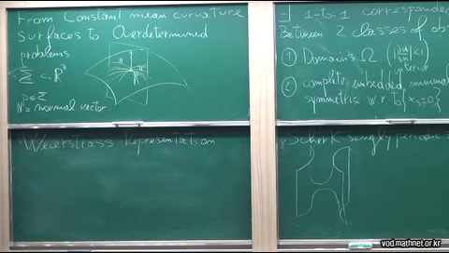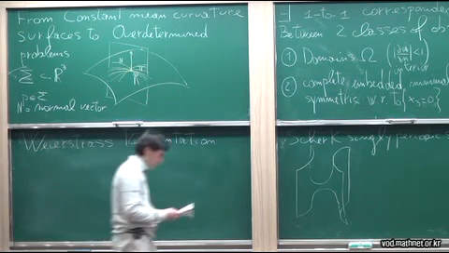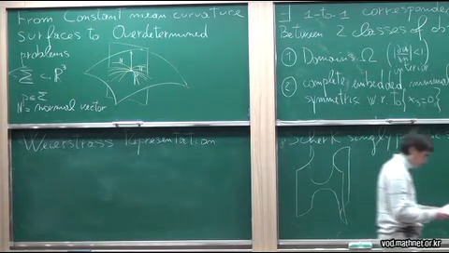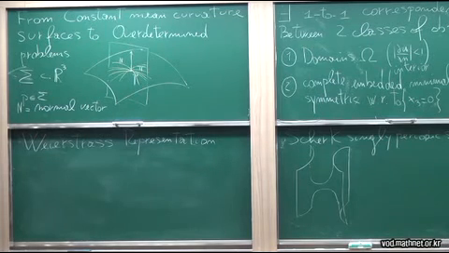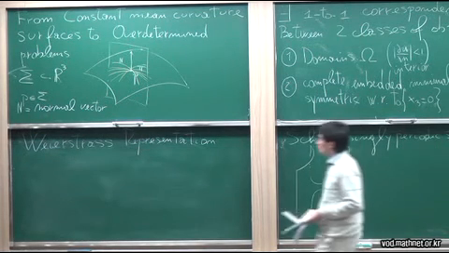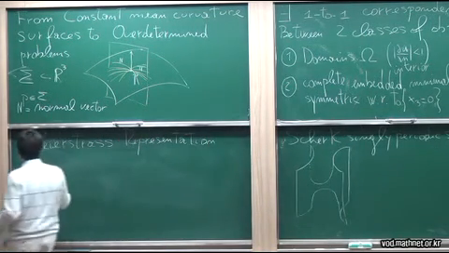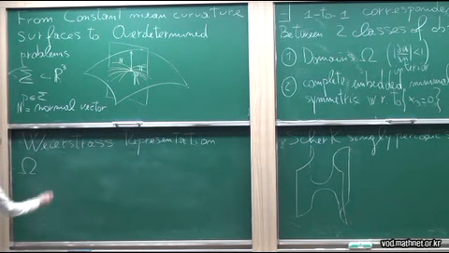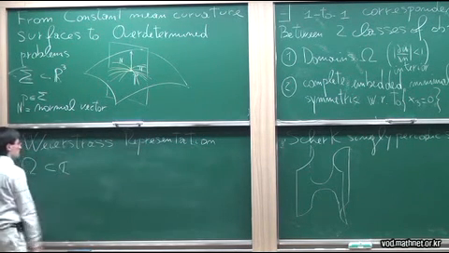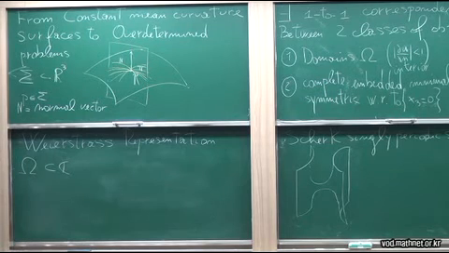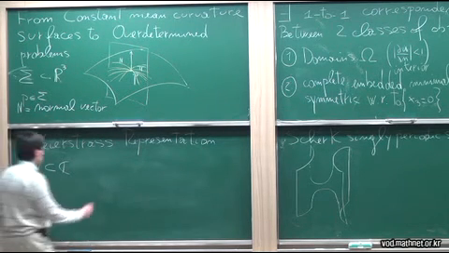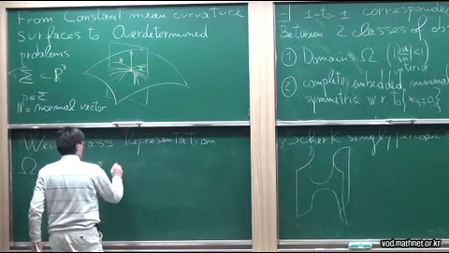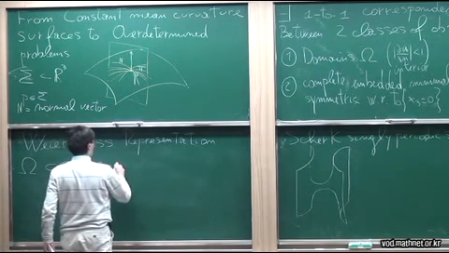Okay, what is the Weierstrass representation? Suppose you have a connected domain omega in C. Suppose you have a function g on omega, which is holomorphic.